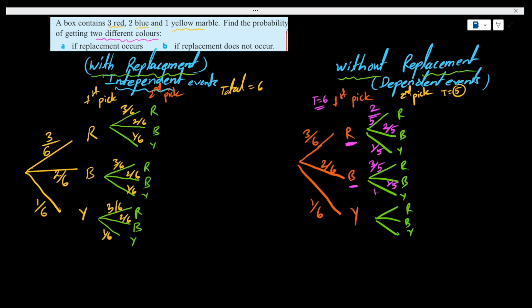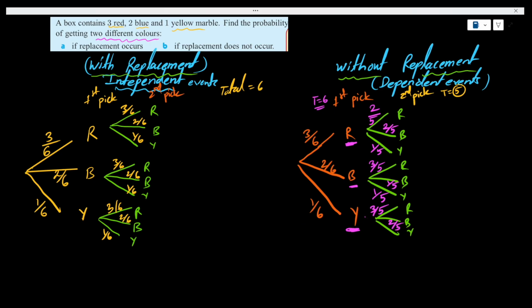There is no change in yellow, yellow will remain 1 by 5 also. So the denominator is reduced to 5 because the first marble has been taken out and kept aside. Now if the first was yellow, there is no change in red, so red will be 3 by 5. Blue: there was no pick of blue in the first marble, so blue also remains 2 by 5.